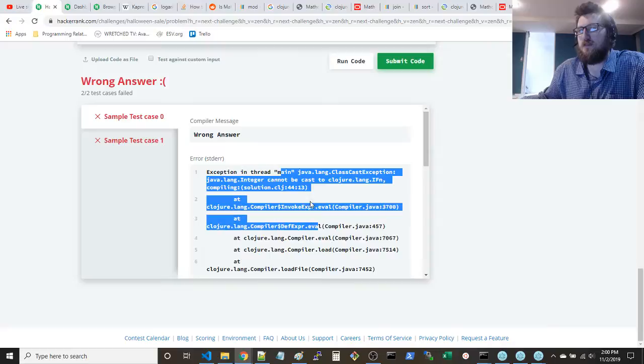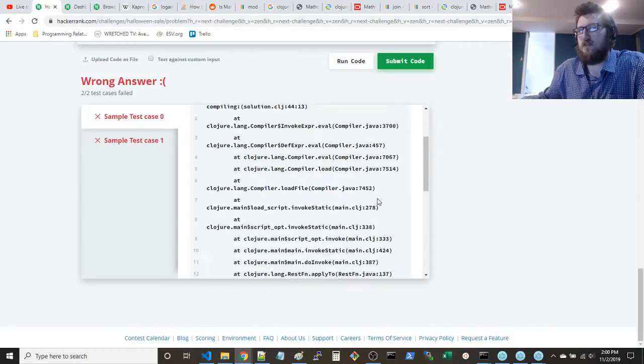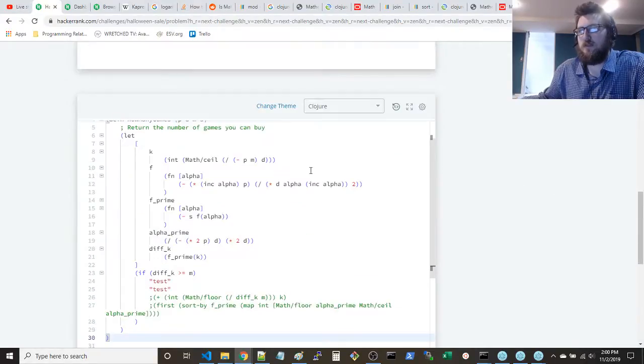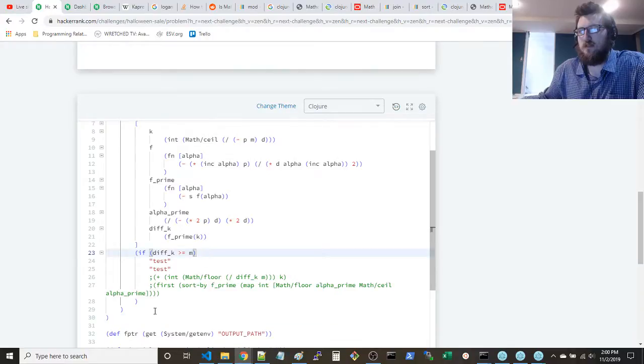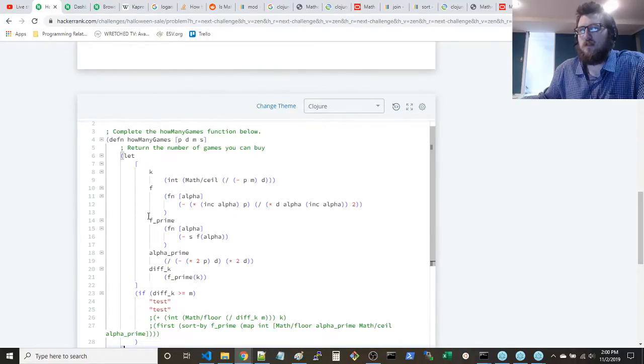Integer function 13. Where is that happening? Here.